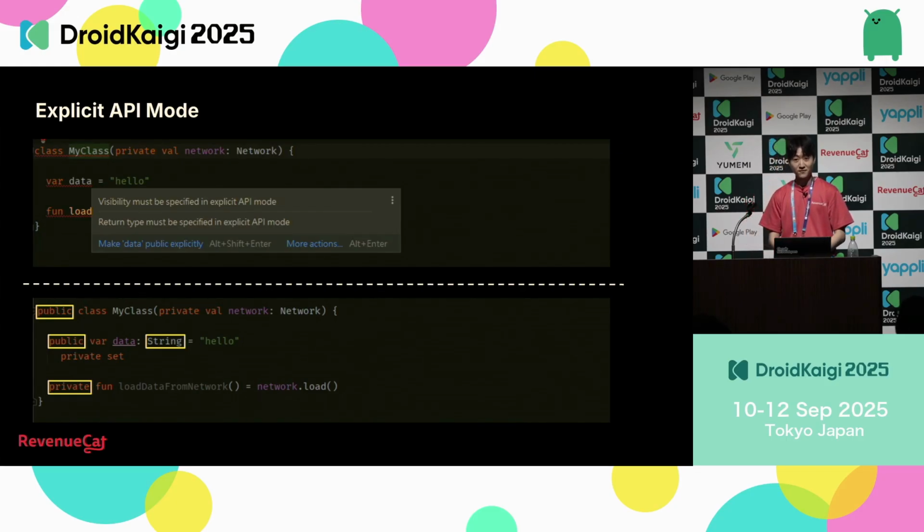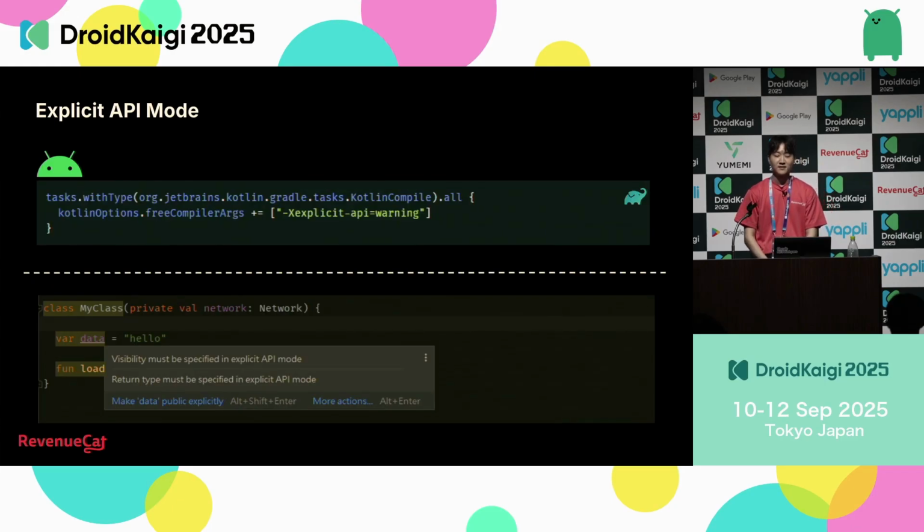However, it's very challenging to add visibility modifiers for the whole project if you haven't enabled it from the scratch. In this case, you can enable the explicit API warning mode instead of the error mode. Then you will see compilation warning messages instead of errors.